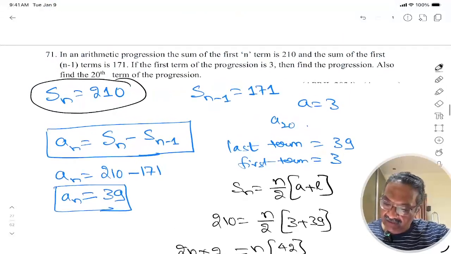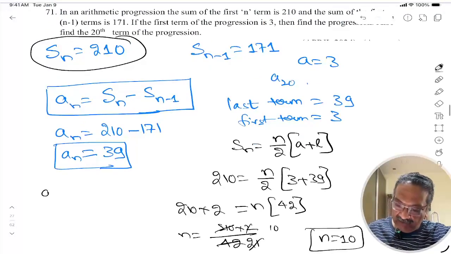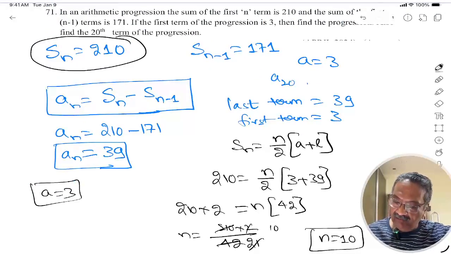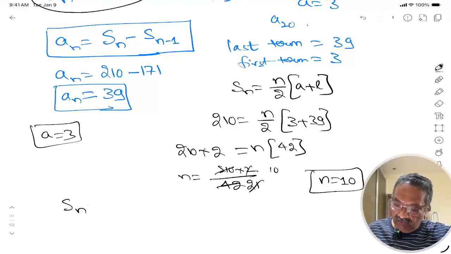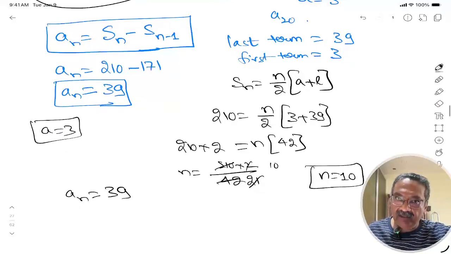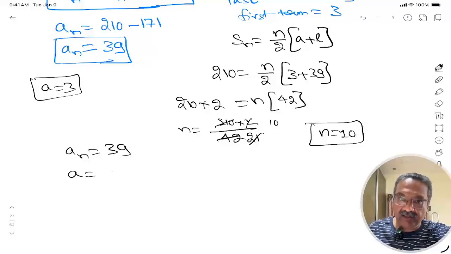Now we need to find the AP. So a we know, but d we do not know. We know the last term an is 39, but we also know the formula an is equal to a plus n minus 1 into d.